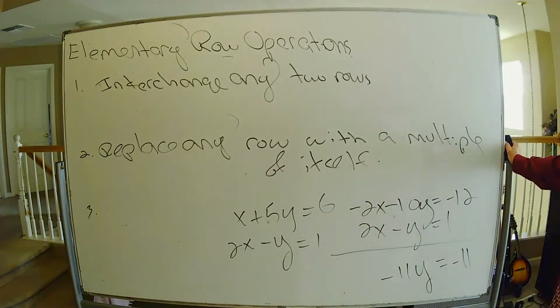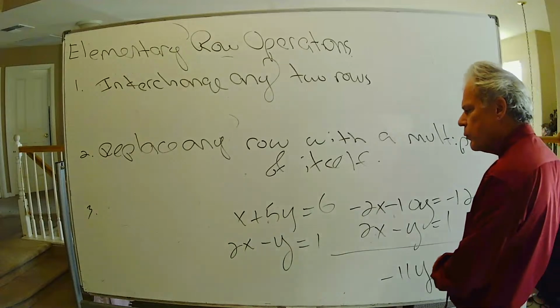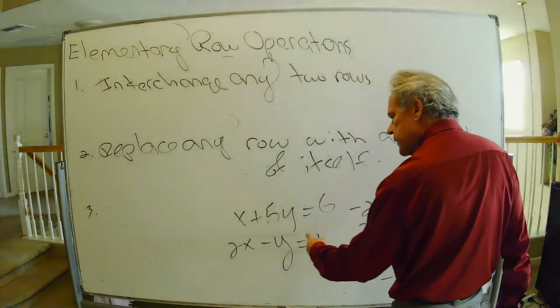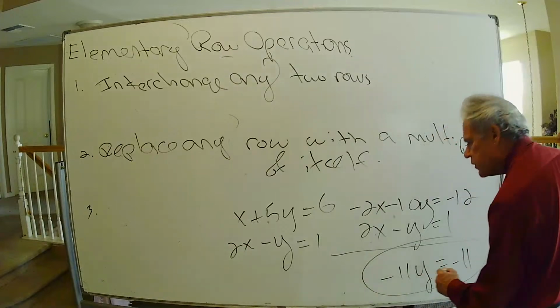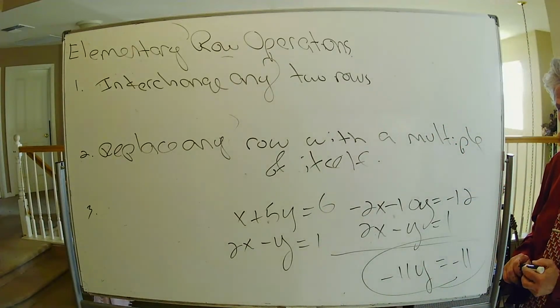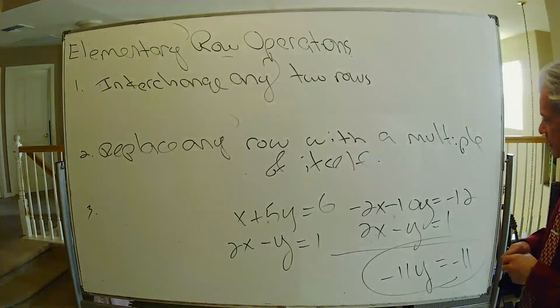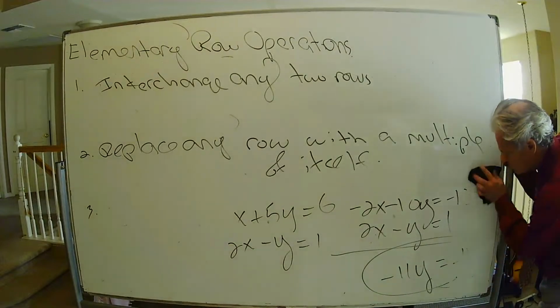So everybody, look what I just did. In a sense, I sort of took one row, replaced it with the sum of itself and the multiple of another row to get an equation that doesn't change the solutions. So that's my third and last elementary operation.